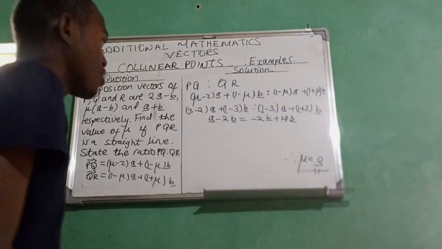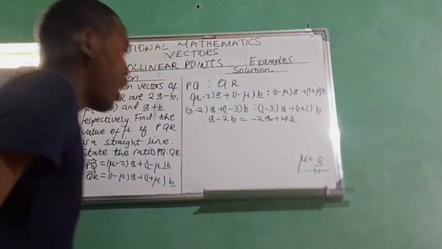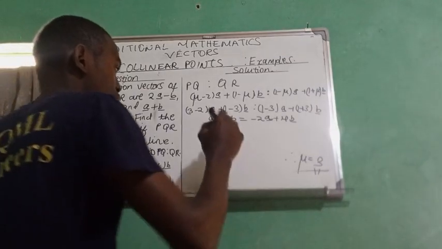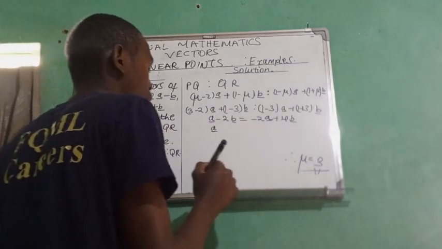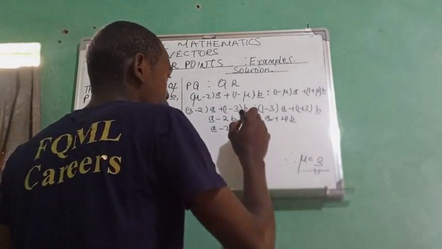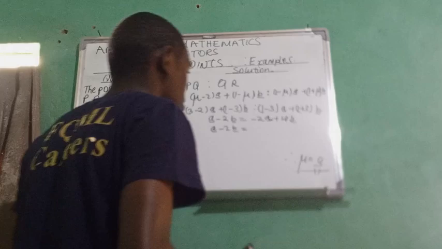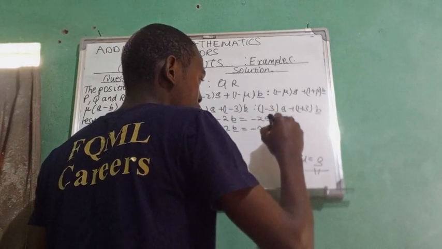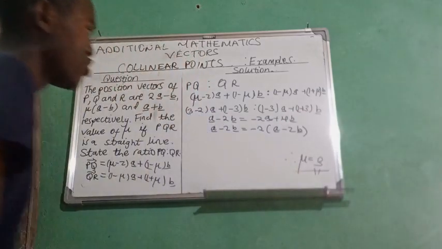So vector A minus 2 of vector B will be equal to, you factor out the negative 2, so negative 2 right there, A minus 2 of vector B. You see what I've done?